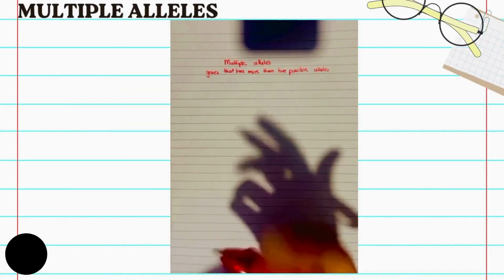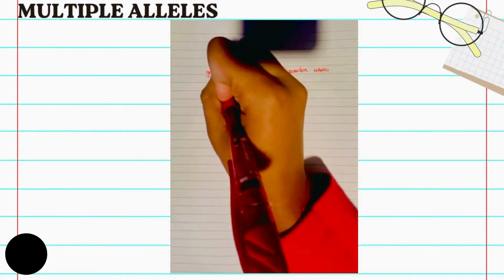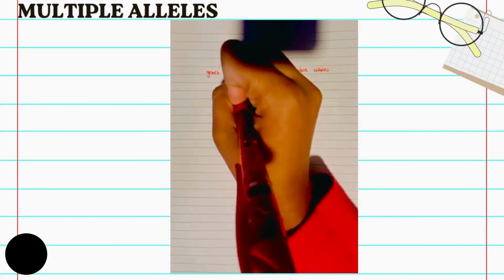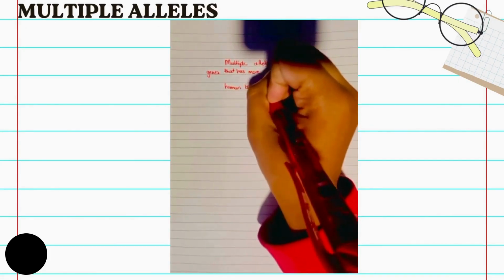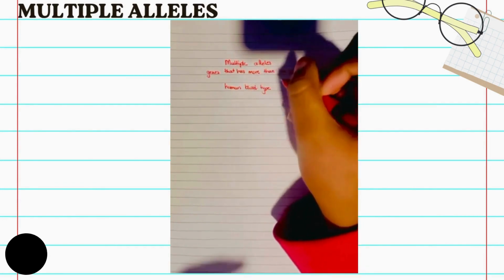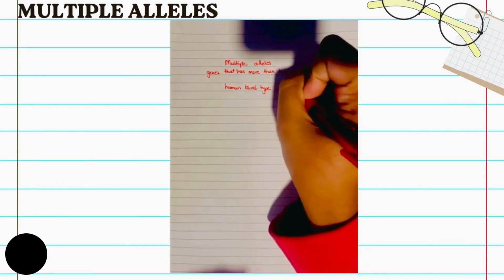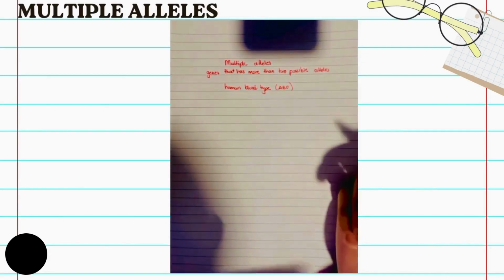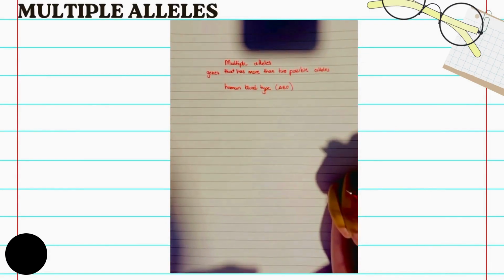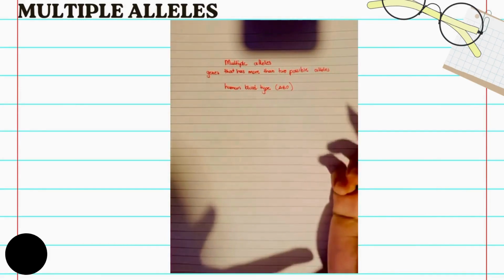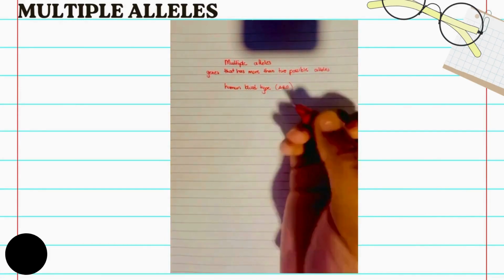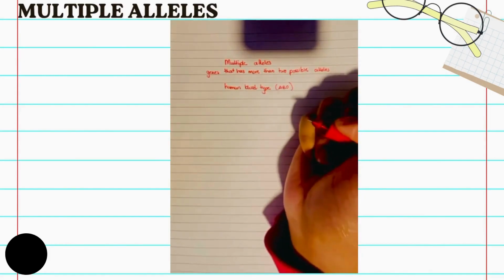Now let's look at multiple alleles. Multiple alleles means that a gene has more than two alleles that code for one specific trait. For example, blood types. Blood types have different alleles, but they are all for that one trait, blood type.